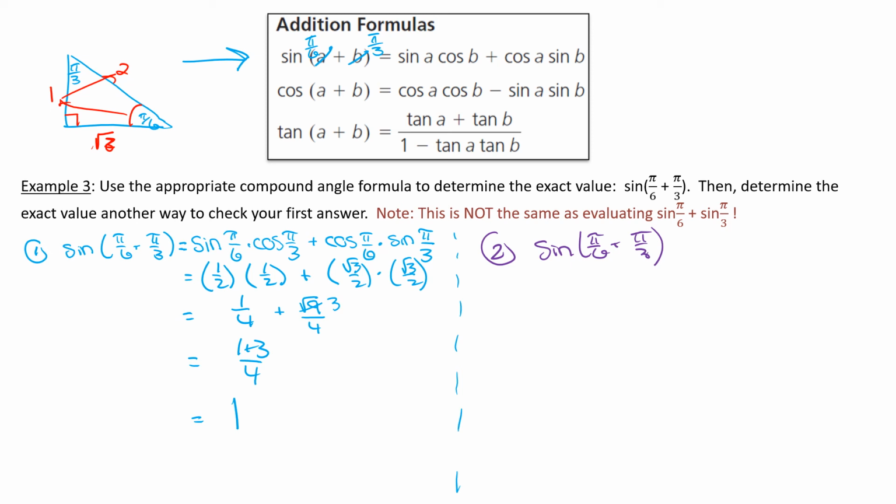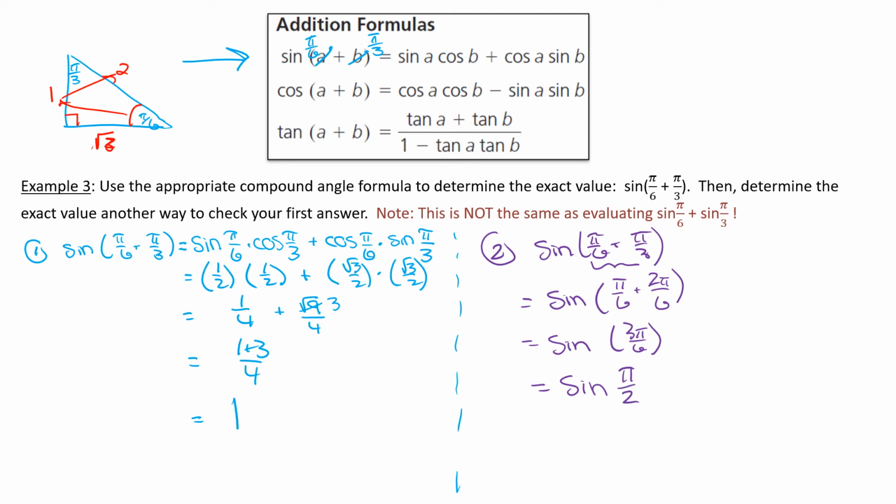Well, when I add these together, pi over 6 plus pi over 3, the common denominator would be a 6. That would make this 2 pi over 6. That's really sine of 3 pi over 6, which is sine of pi over 2.